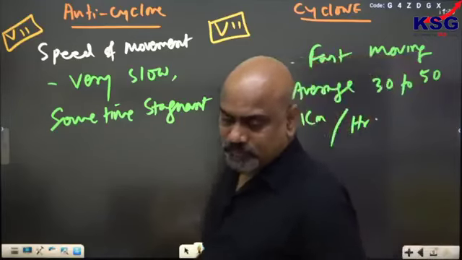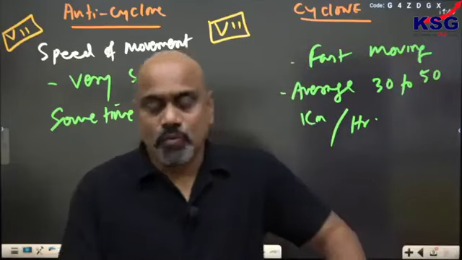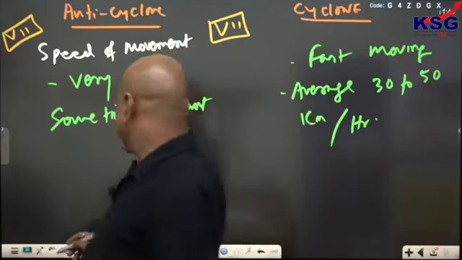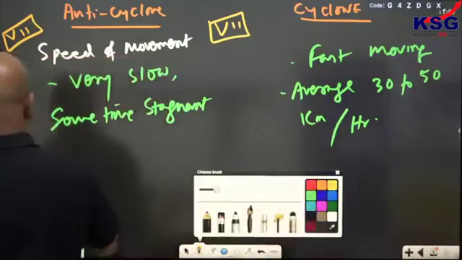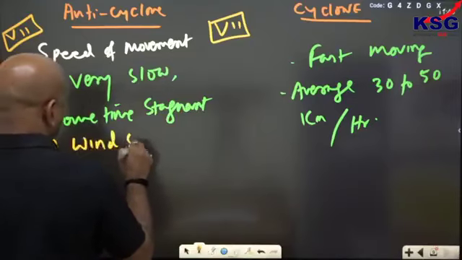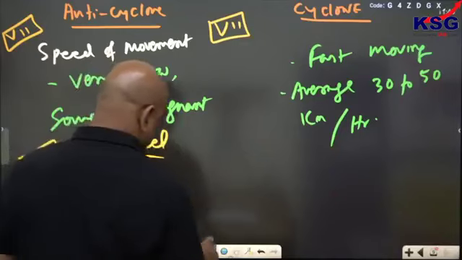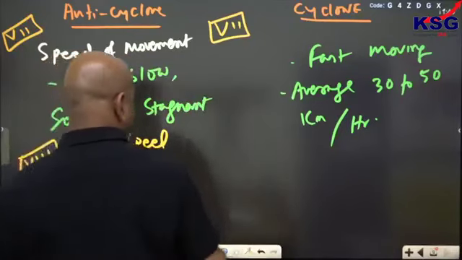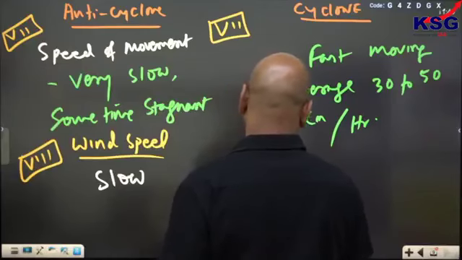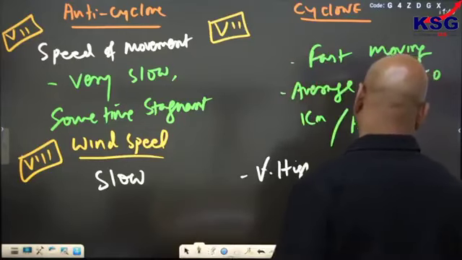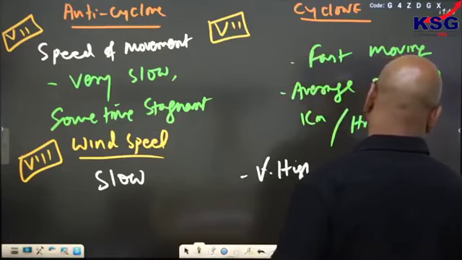Okay. Wind speed is less, wind speed is more. You can write down this point also. If I go for the wind speed, slow here, very high velocity wind system.